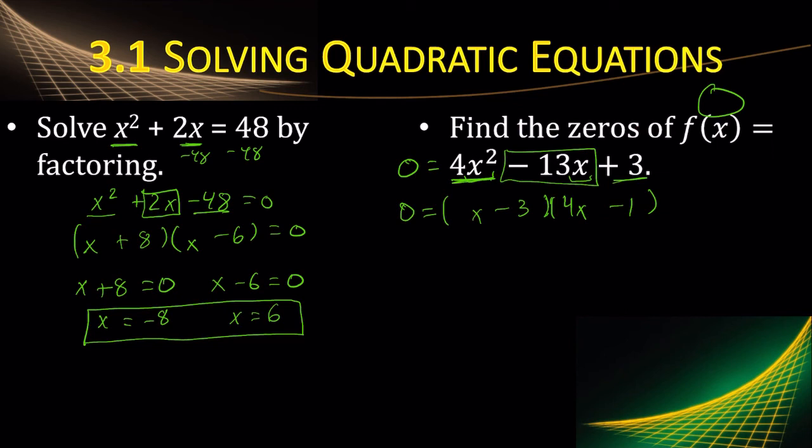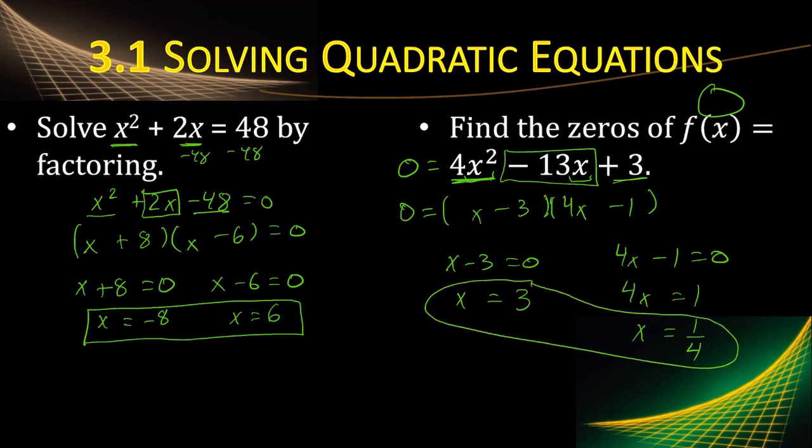All right, now take each factor equal to 0. Because if either factor equals 0, then the whole thing equals 0, because when you multiply by 0, it's 0. All right, so our answers are 3 and 1/4.